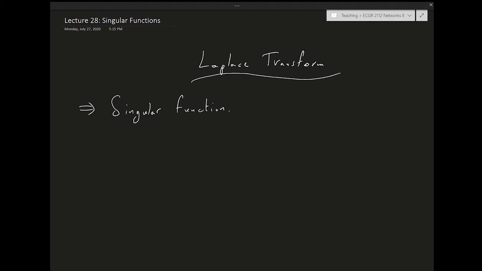In this lecture, I'm gonna introduce singular functions, and I'm gonna provide you with the motivation of why they are necessary, and how they play a big part in introducing the Laplace transform.